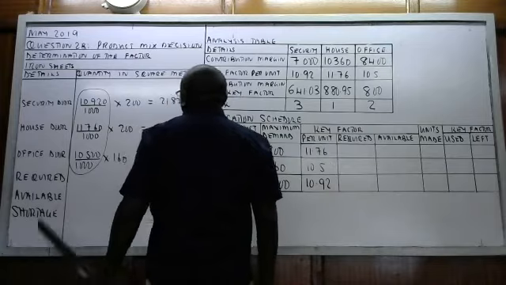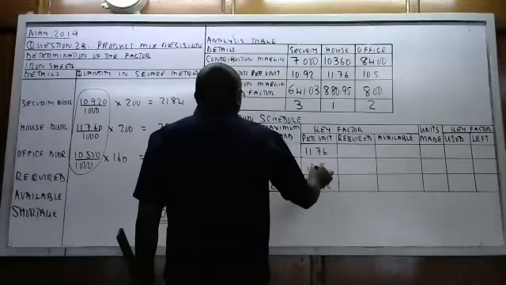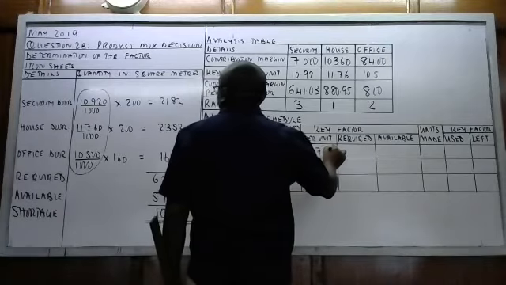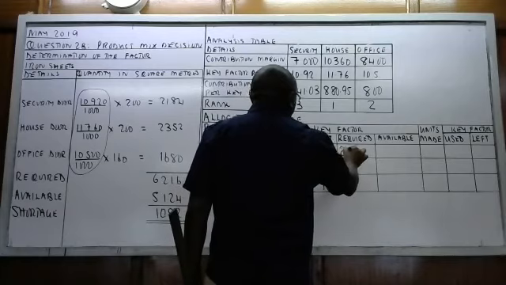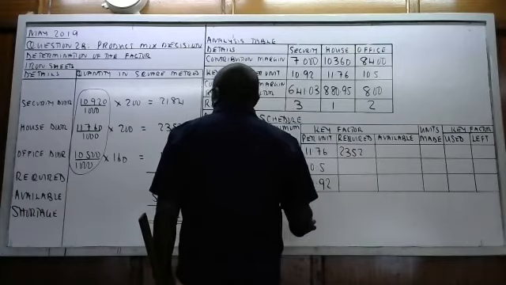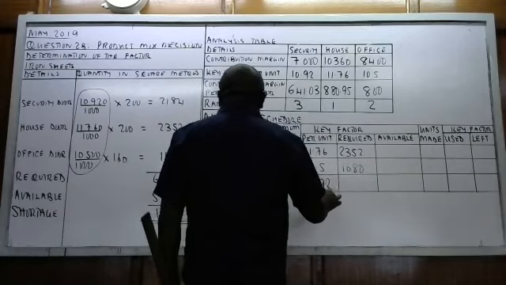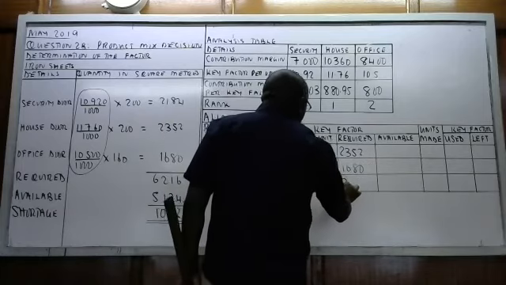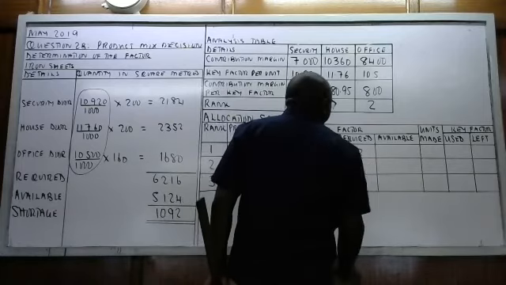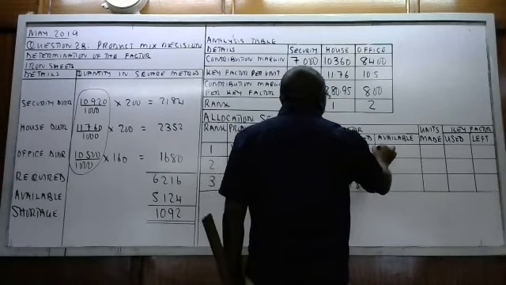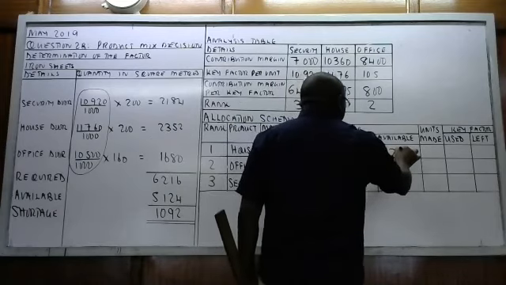Required ni hizi tu tulikuwa tumecompute. House ilikuwa inahitaji 2352. Office ilikuwa inahitaji 1680. And the security ilikuwa inataka 2124. Available is 5124.